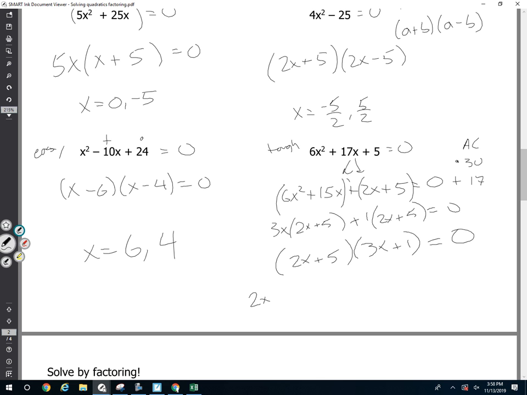I can set up two very simple linear equations that I can solve by isolating my variable, subtract, then divide. So subtract 5, divide by 2, I get negative 5/2. Subtract 1, divide by 3, I get negative 1/3. And again, I'm putting these equal to 0, so I have this equation that I'm solving.